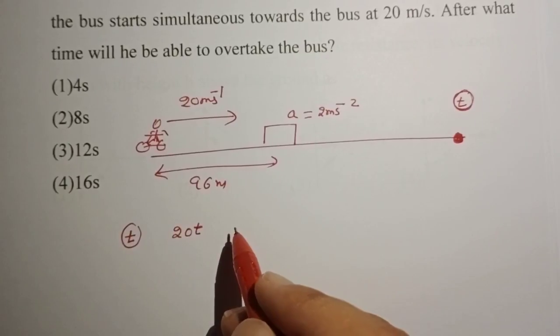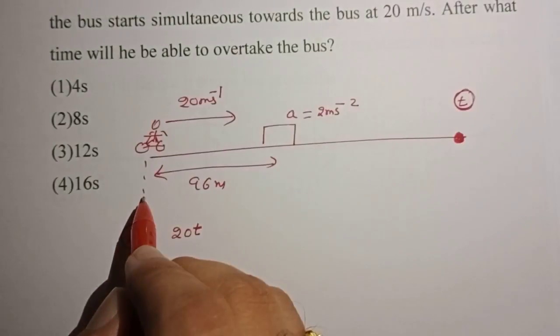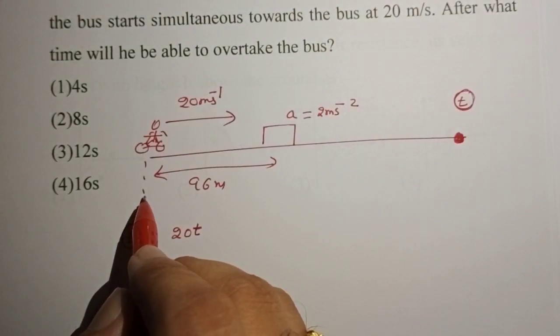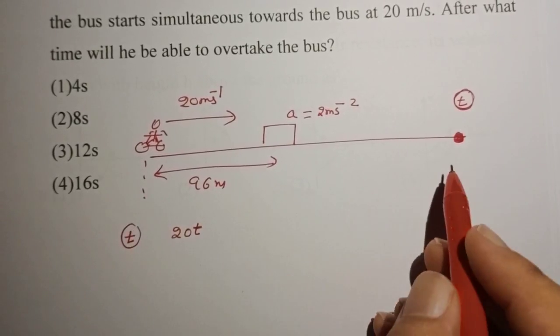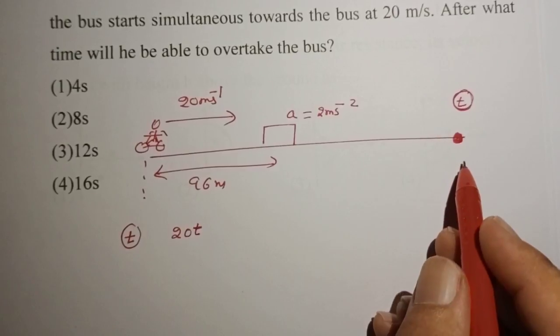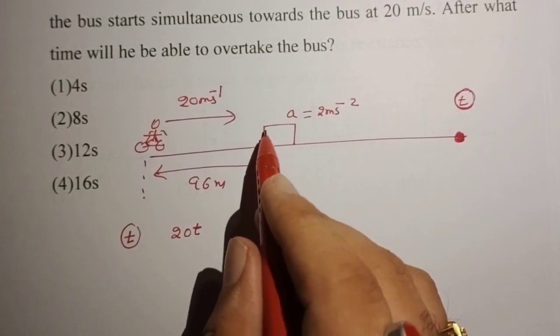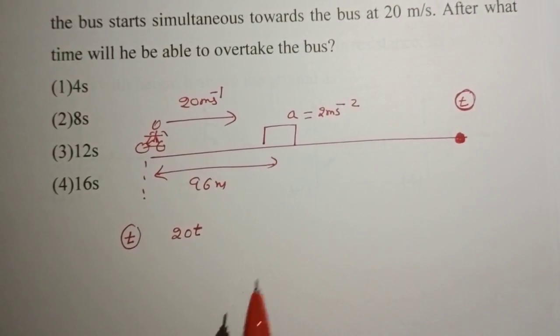From this reference point, when the time is t seconds, what is the position of the bus? We will calculate.